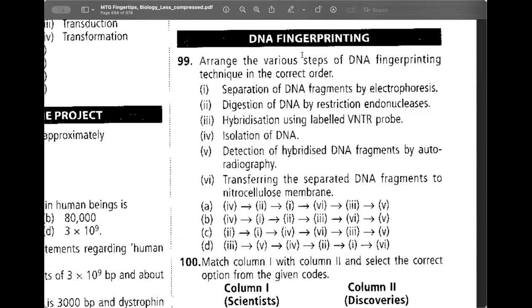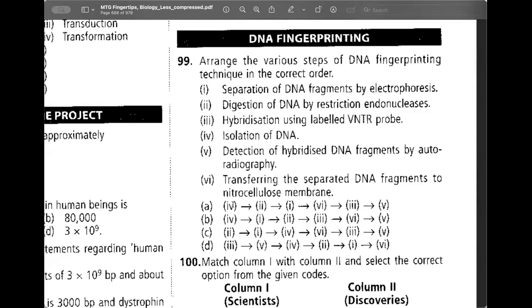The question is to arrange the various steps of the DNA fingerprinting technique in correct order. Which option did you choose? Option A. I don't think you said option A in the first place. I think I said B, but now I think it's A. Okay, great. Which one do you want me to lock? Full and final, A.